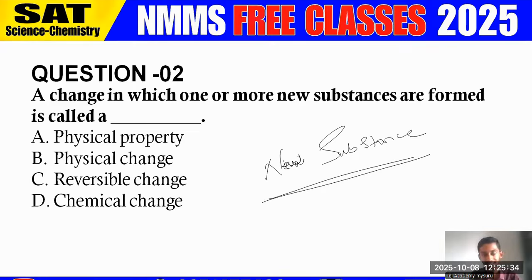If in any process a new substance is forming, then we call it a chemical change. So it cannot be a physical change, and it cannot be a reversible change, because all physical changes are reversible changes. So that's why it is also not possible. The correct option is option D, that is chemical change.